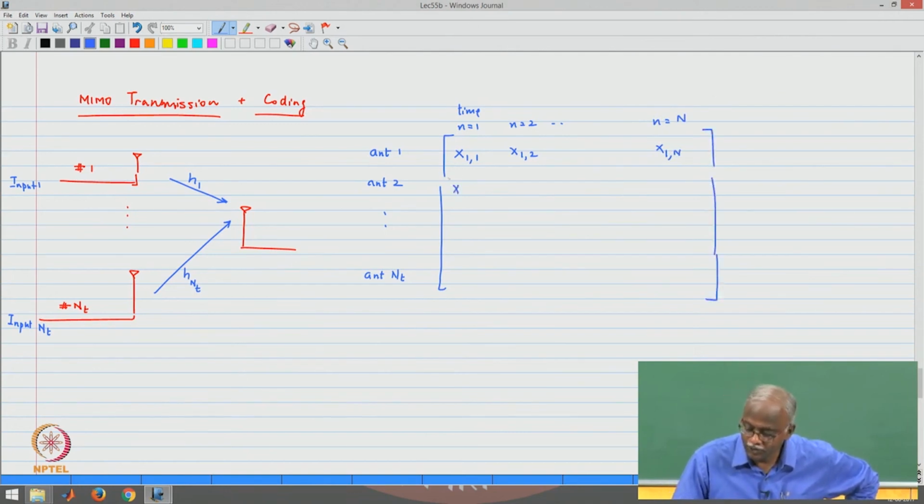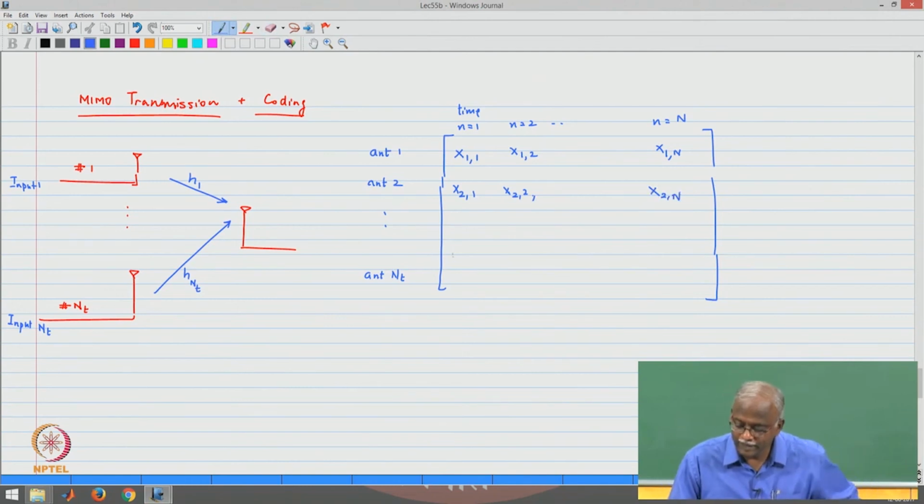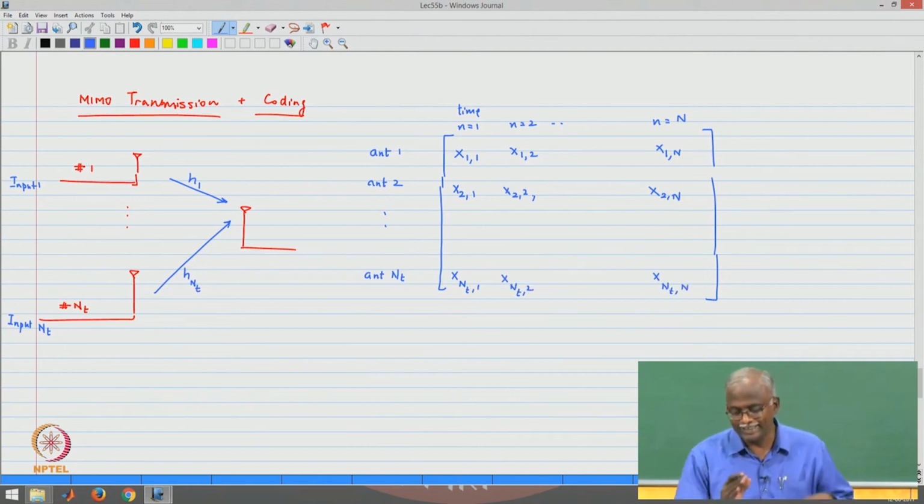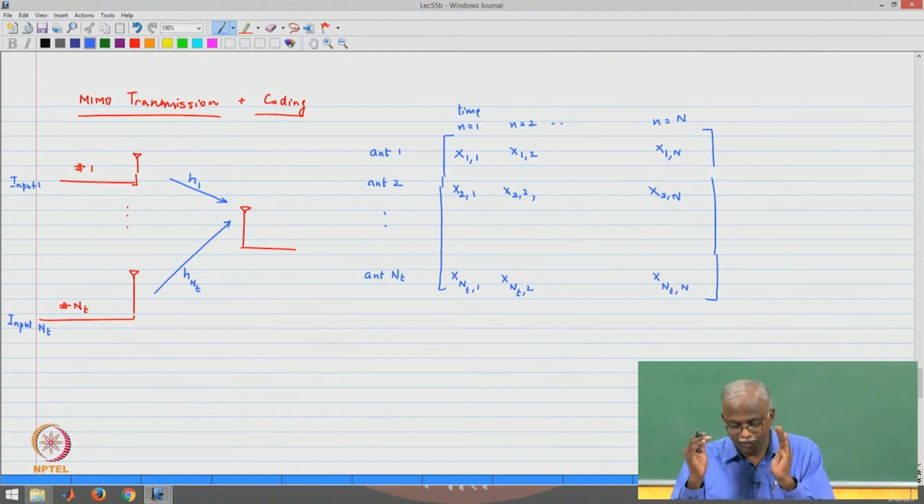Similarly, from antenna 2 it will be x2 comma 1, x2 comma 2, all the way to x2 comma n, and finally when we look at antenna NT, xNT comma 1, xNT comma 2, all the way to x of NT comma n. So, this is our matrix which collects all the transmitted signals.